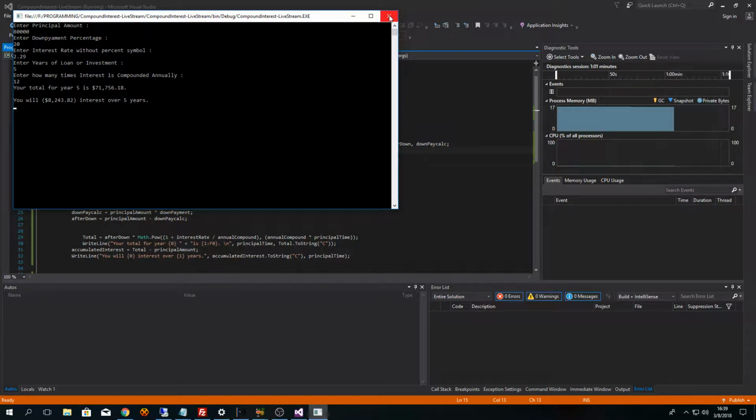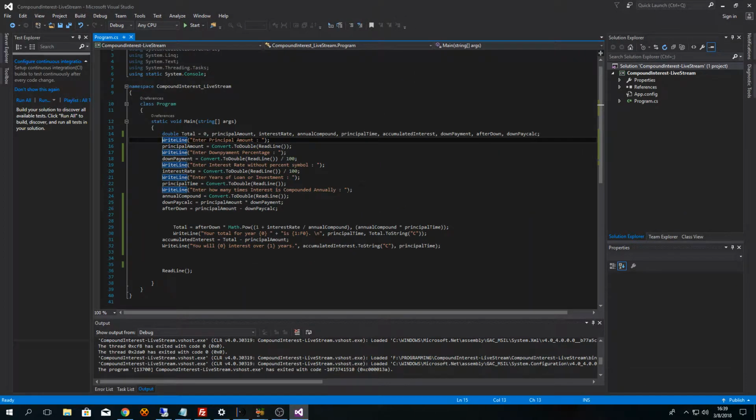Oh, it's in parentheses because it's negative. That means something's not right. That's perfect. Dividing by 100.